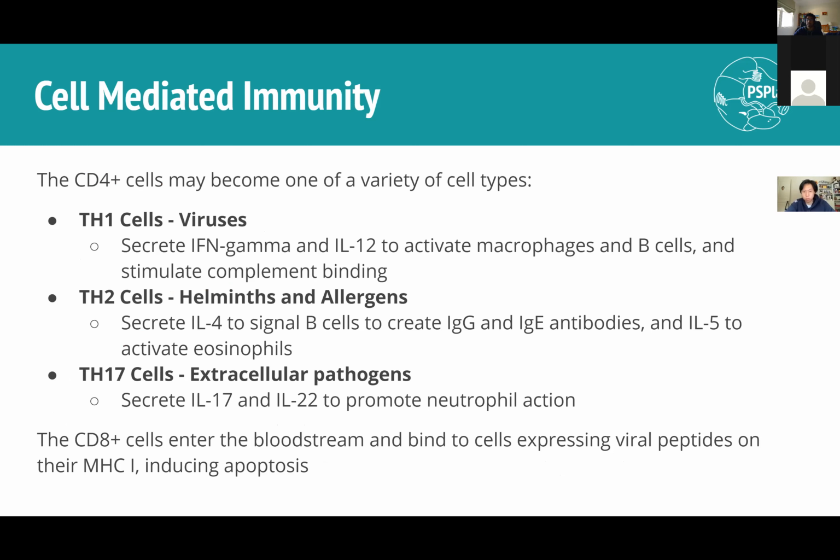You may not need to know all of the specific cytokines, although I think it's useful to know what the cytokines do, because they may use them in questions like, what does this do? Or when would you start producing these? And then you need to say, oh, well, IL-5 is required to help us kill helminths, so we're going to create that when we have a helminth infection, that sort of thing. So I think it is useful to know that.